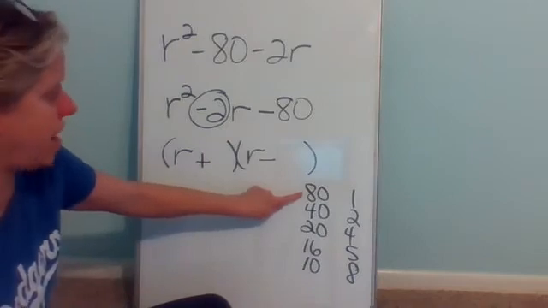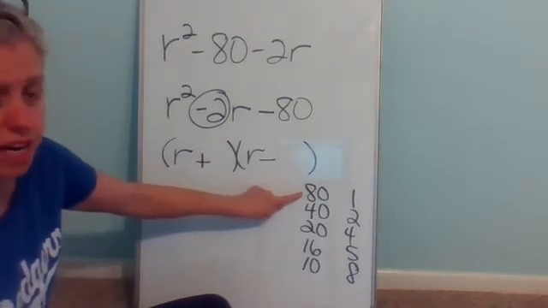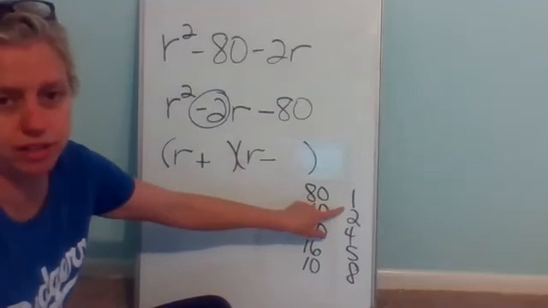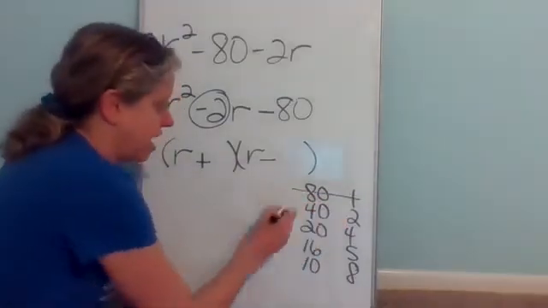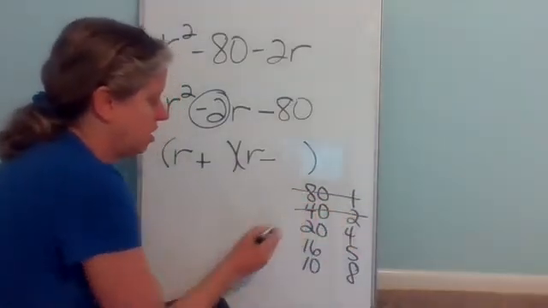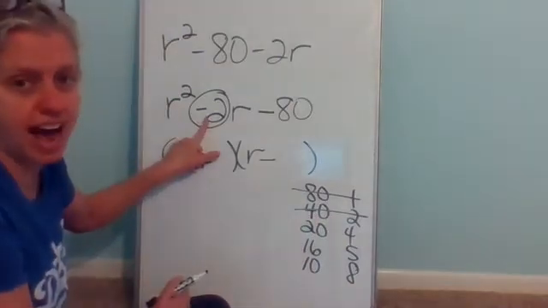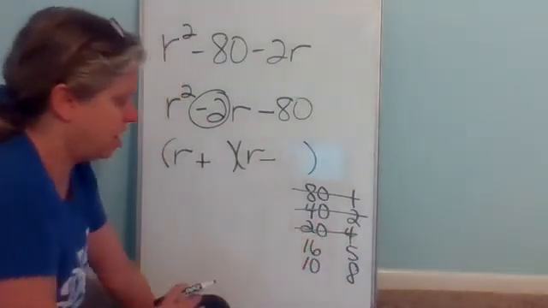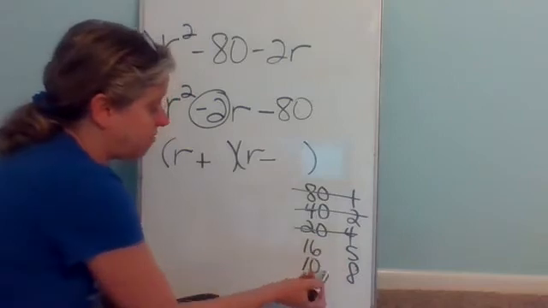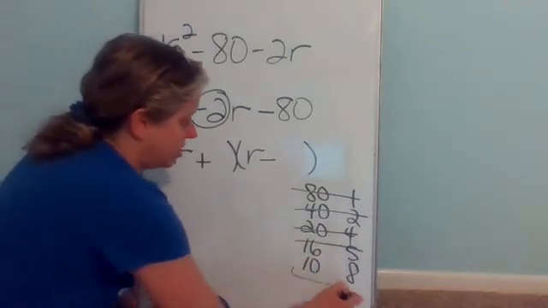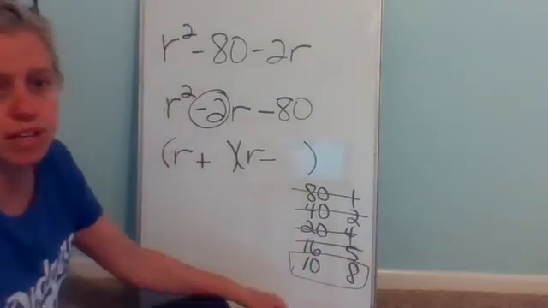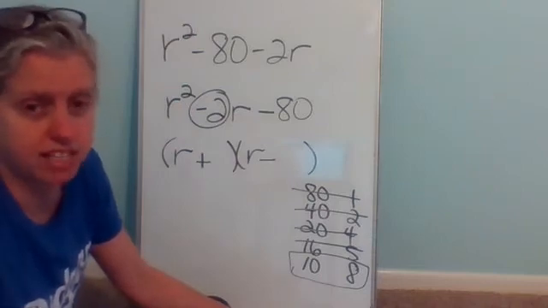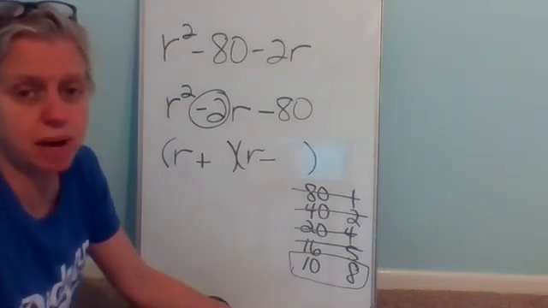Doesn't matter who's positive or negative. I'm not going to get a -2 from 80 and 1. So I know it's not that. 40 and 2, not even close, right? Trying to add to -2. Not even close. Getting closer, 16 and 5 would get me closer, but what about this pair? I have got to give somebody a positive and somebody a negative.